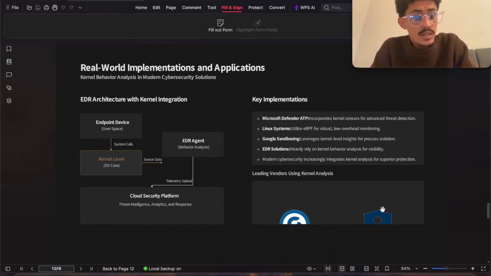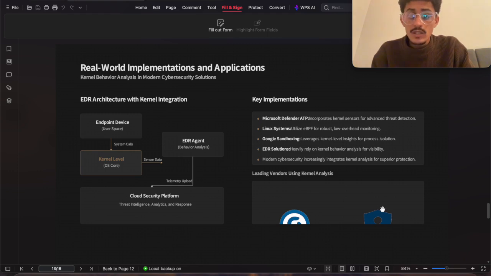So I'm going to present the real-world implementations and applications. EDR architecture with kernel integration. It connects the endpoint device to the kernel level, and the EDR agent to the cloud security platform.